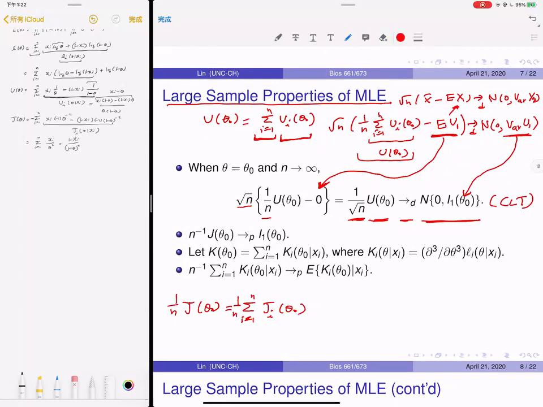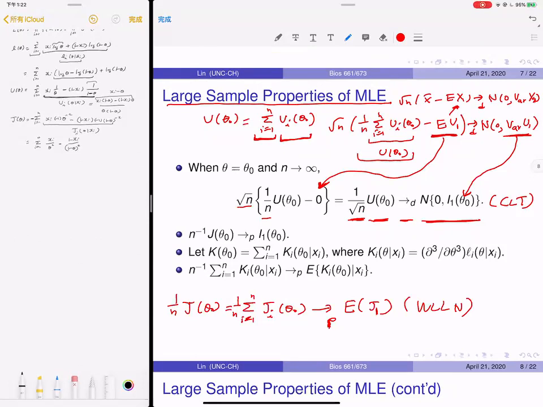Then it goes in probability to the expected value of J1. What theorem am I using? Nothing but the weak law of large numbers.